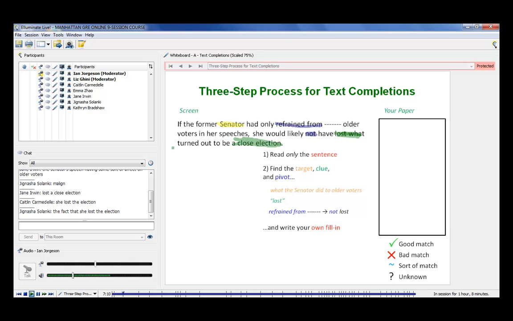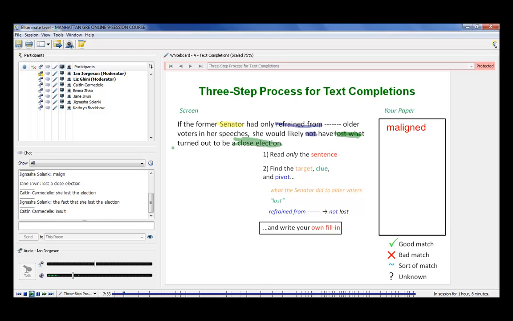All right, and now this is probably the most important step of all of them. We want to take the time to write our own fill-in. And so Jignasha gave us a great one. I like it. So maligned. Okay, anybody have another word they might put in here? Anybody have another word that they like other than maligned?